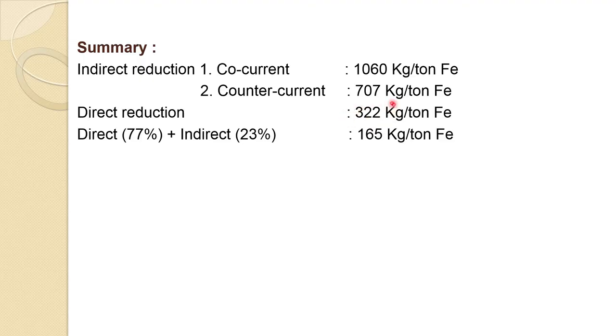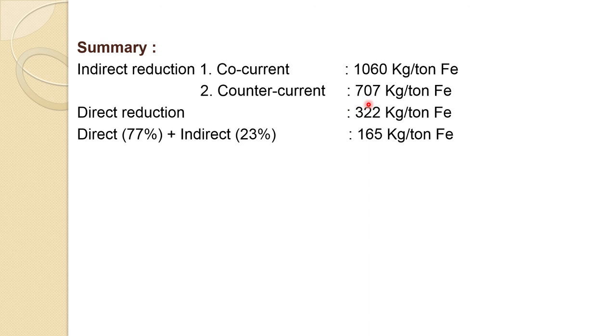So, as you can see now the coke consumption is about 300 kg or so in the modern blast furnaces, and then of course, you have a PCI injection. So, which if you look at it is lower than probably some time of this direct reduction.